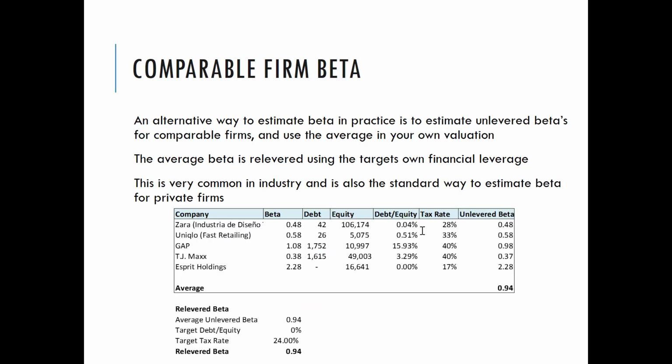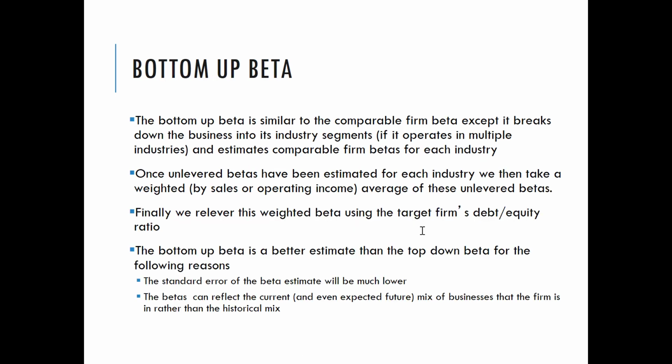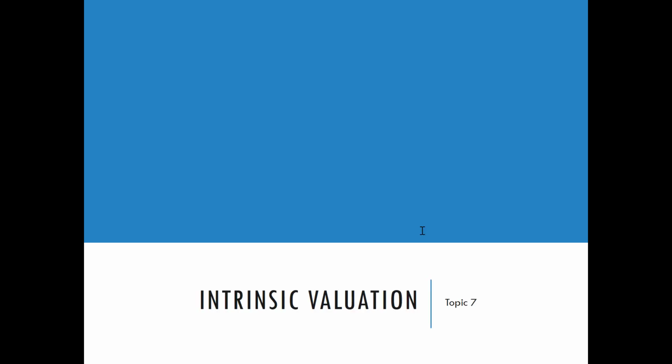You then find a beta associated with each segment, and estimate a weighted average beta based on some weighting, maybe how many assets you have in each segment, or how much sales or profits. That is the approach of the bottom-up beta. It's really useful when you can't find a perfect comparable firm, so you start looking into the segments instead.